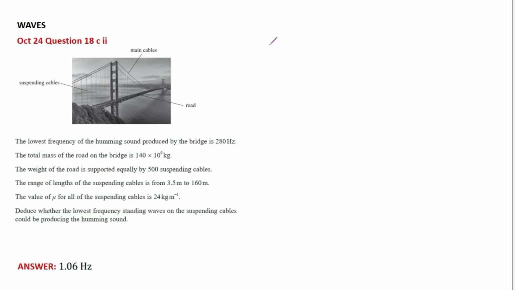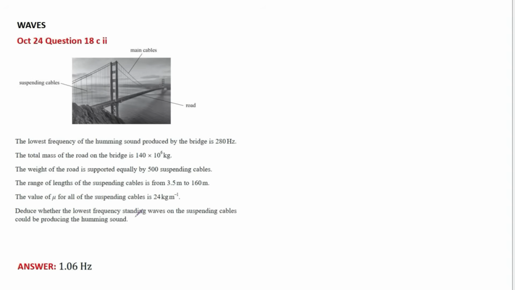Weight of the rod is supported equally by 500 suspending cables. Okay. The range of lengths of the suspending cable is from 3.5 meter to 160 meter. The value for mu for all of the suspending cables is 24 kg per meter. Fine. Deduce the lowest frequency of standing wave.